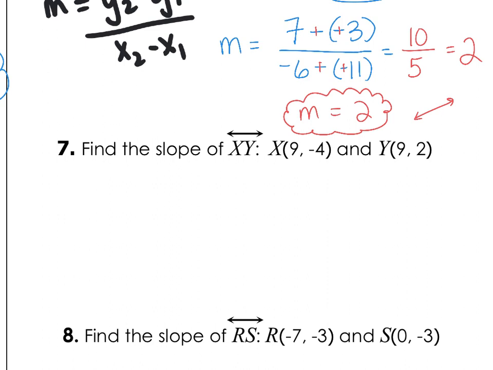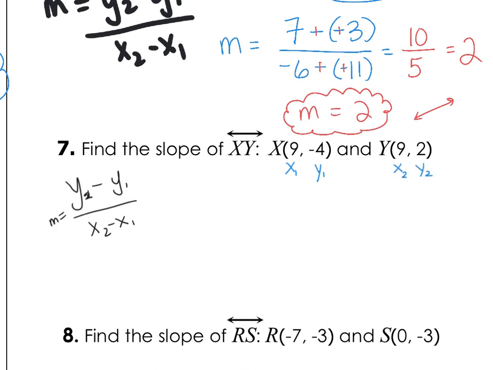So, here we go. Same formula, y2 minus y1, x2 minus x1. Writing it down over and over is going to help you memorize it better too. I'm going to label these x1, y1. It always has to be x, y. Then x2, y2.